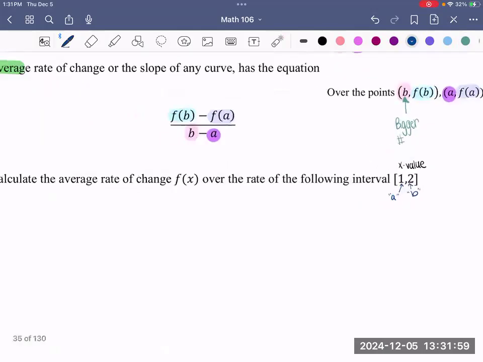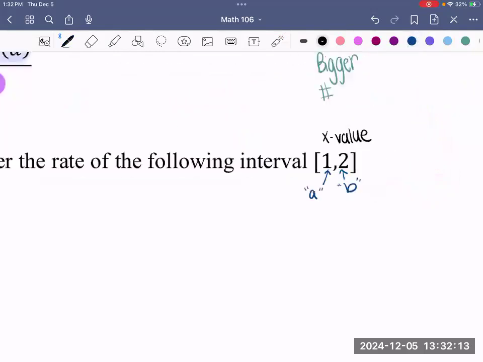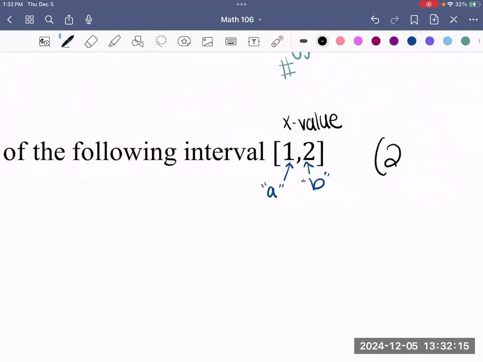So far we have your a and your b listed. How do we go about finding your f of b and your f of a? Well, we just listed what b is, so now we need to find its counterpart. We have the coordinate 2 and I don't know its y, or 1 and I'm not sure of its y.